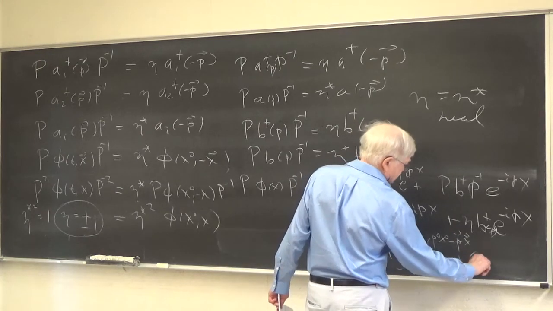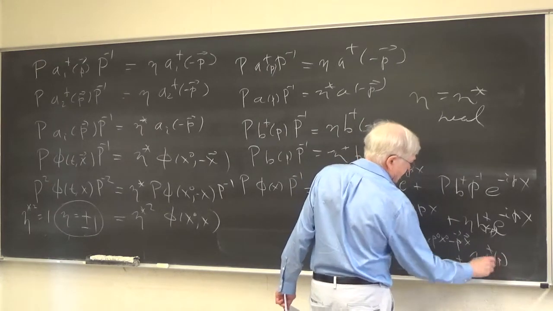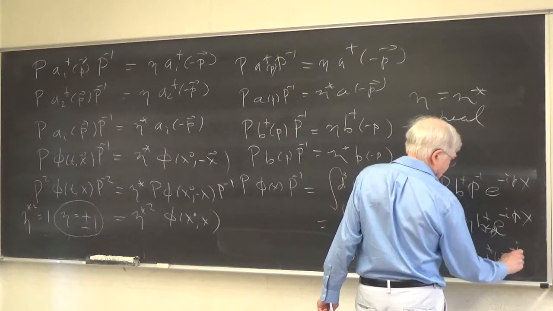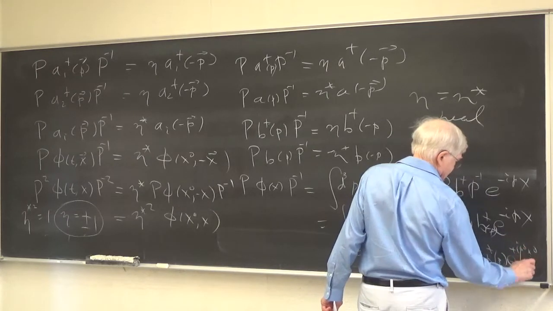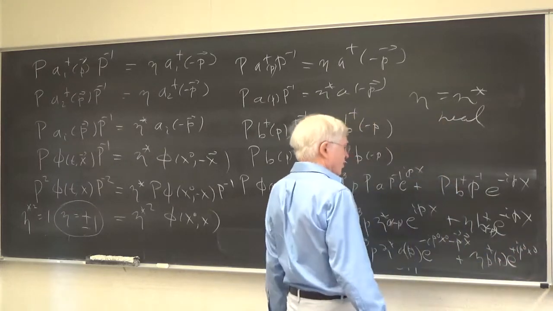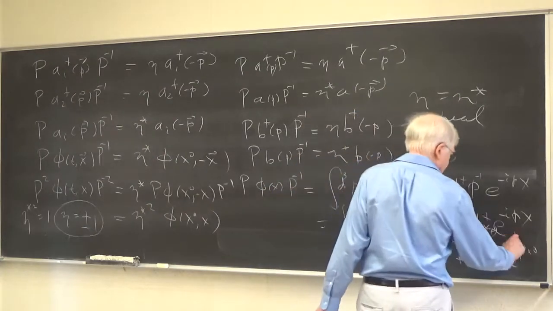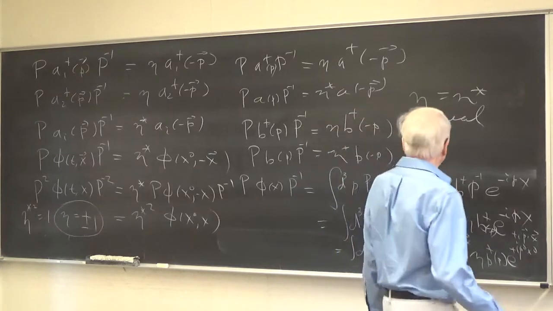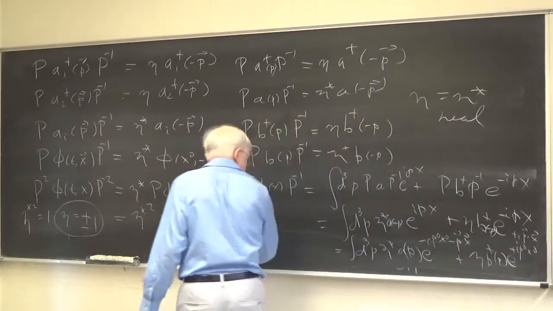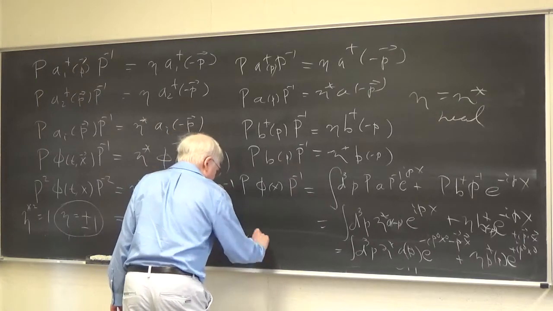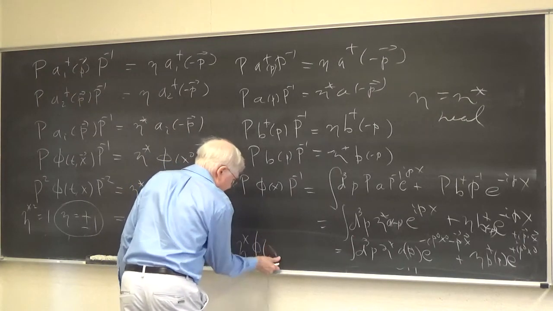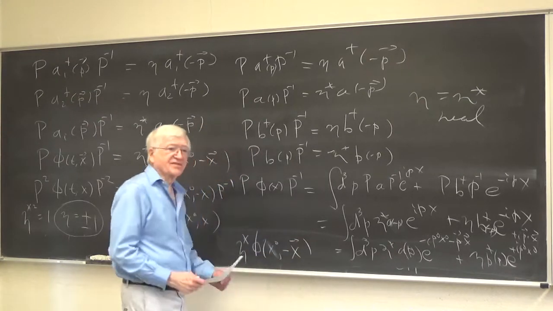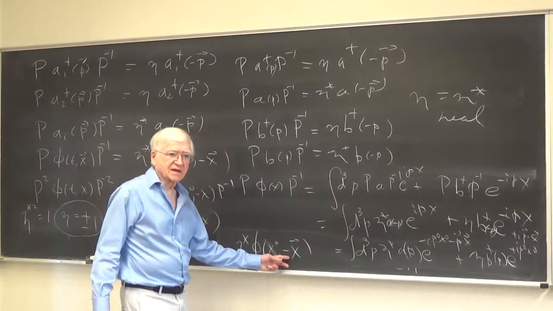And this one is eta B dagger of P, and then this is e to the plus i P0 X0, and we have two minus signs, plus i P vector dot X vector. So in other words, this is eta star phi of X0 minus X.